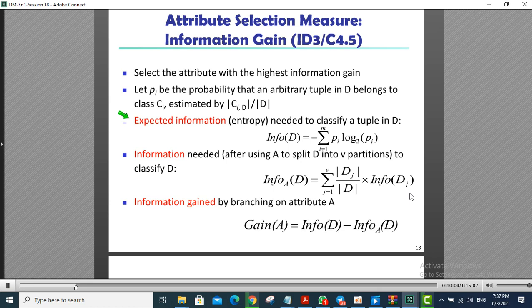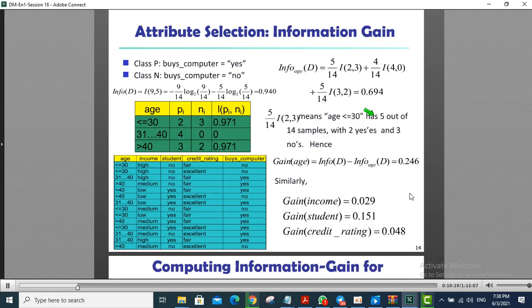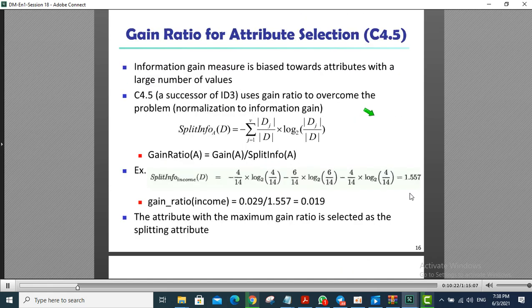Here in slide 13, we defined the expected information for a tuple in D. So we can use this equation here, or we can choose another method. If you think that this strategy is not good, you can choose another method.